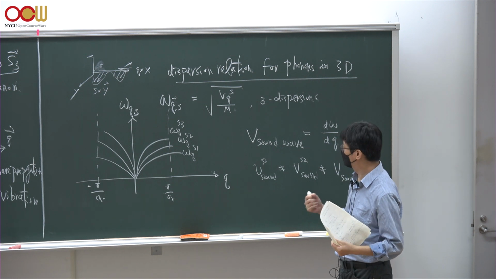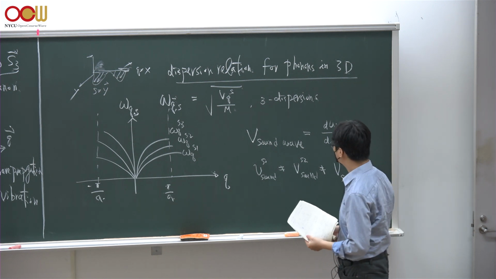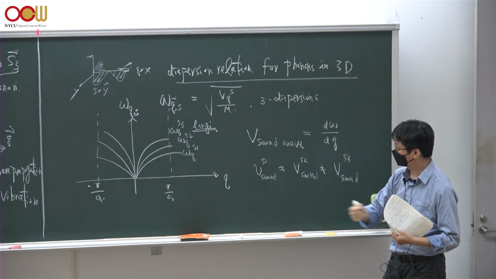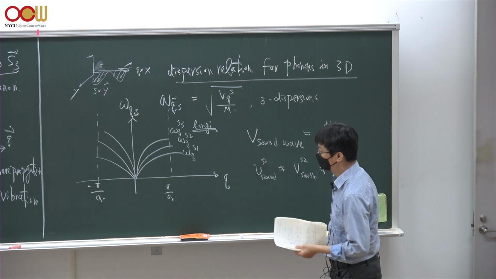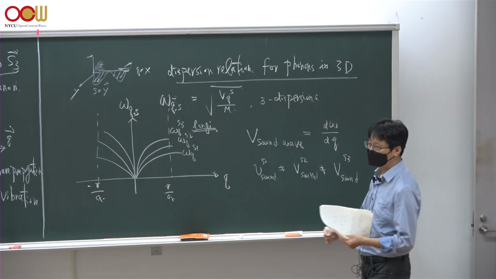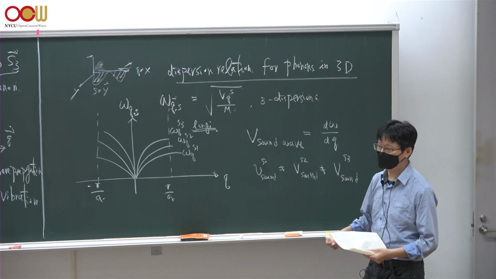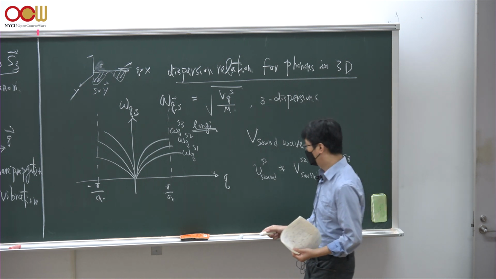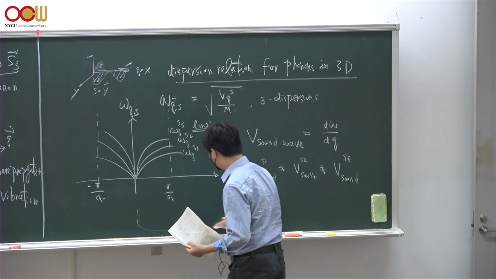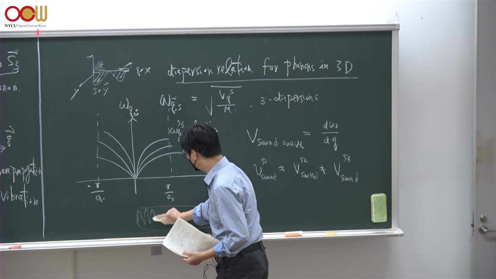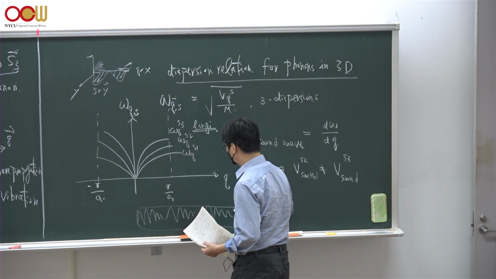Okay, so as I mentioned, we can have this longitudinal or transverse mode. Suppose that we are in the longitudinal mode, and this s is actually along the same direction as q, right? So this kind of longitudinal phonon mode mimics the sound propagation. Remember in your classical mechanics, you know how the sound wave propagates, right?